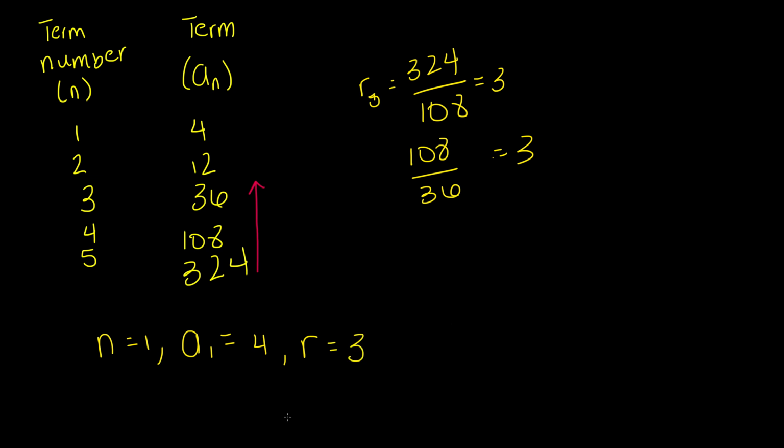I can write a formula to find a sub 2: the value of the second term is equal to a sub 1 times my common ratio of 3. That is true, since 4 times 3 is equal to 12.